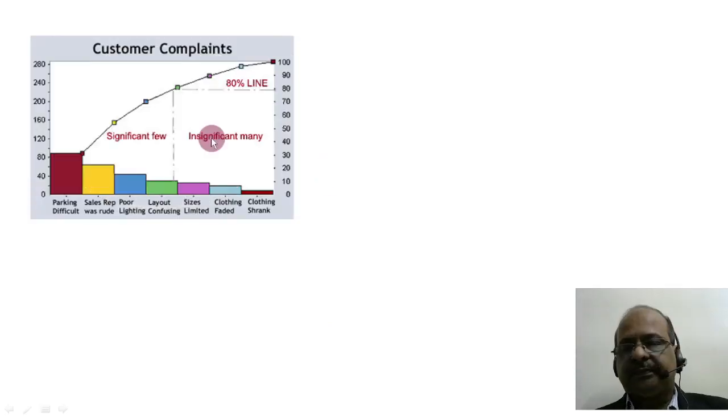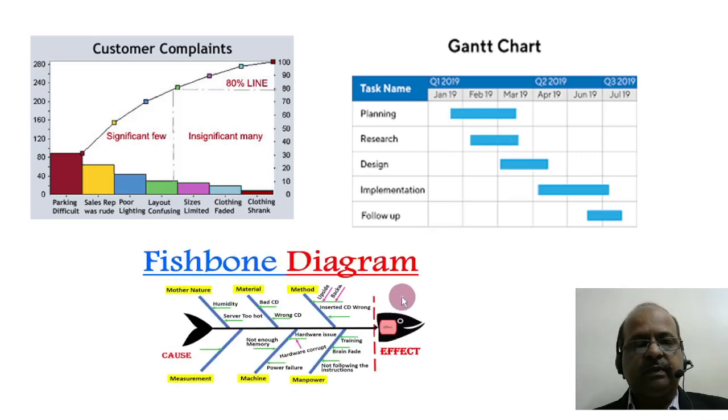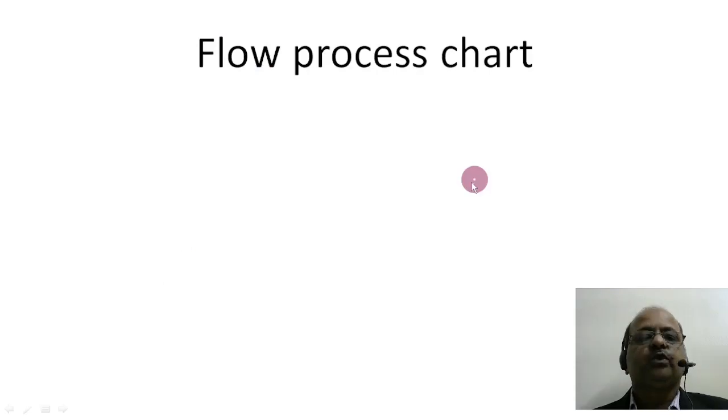Pareto charts are normally adopted to find the frequency of defects. Gantt charts help to find out planning and scheduling, and the fishbone diagram helps to identify the cause of the problem by analysis through the brainstorming process.